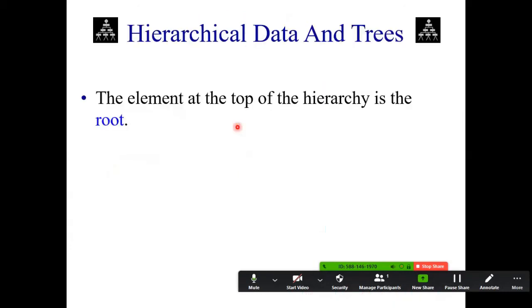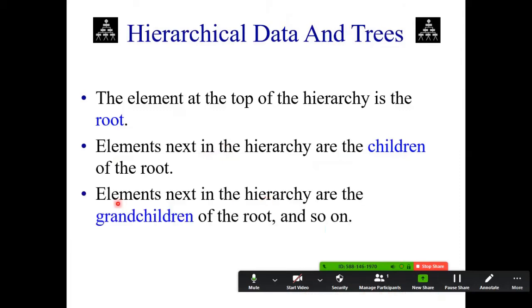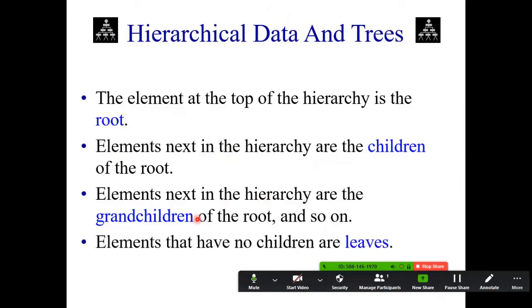As I said, the element at the top of the hierarchy is the root. The first node is called the root. The elements in the next level are called children. Next to children we have grandchildren, and next to grandchildren we have great grandchildren.